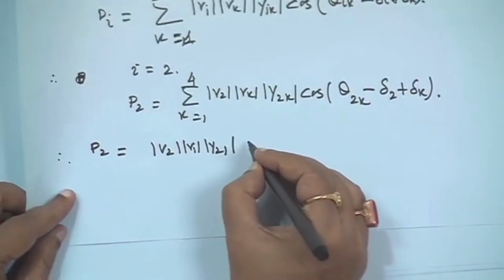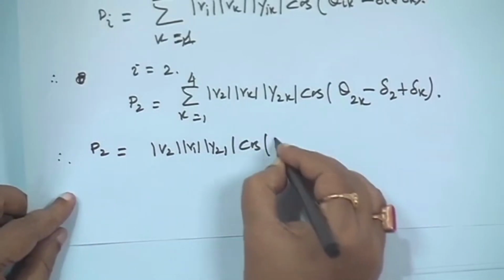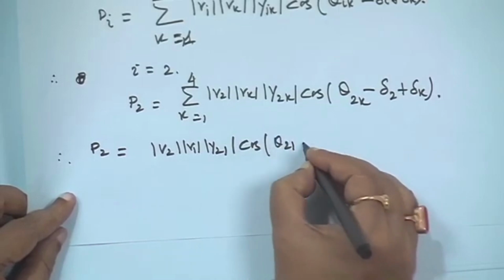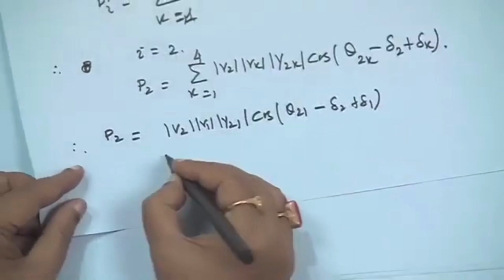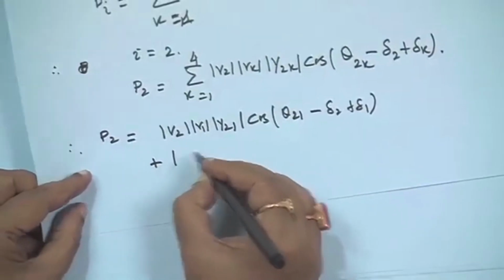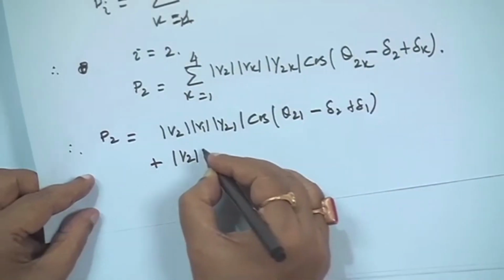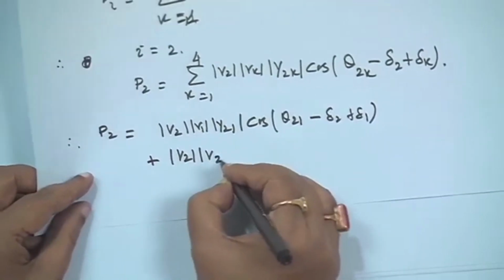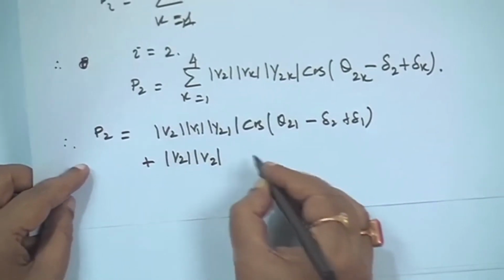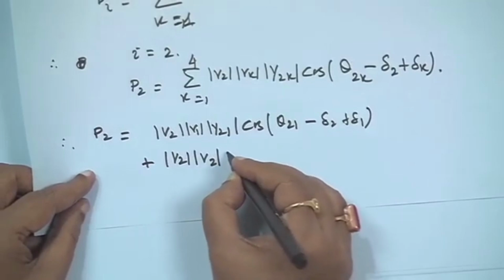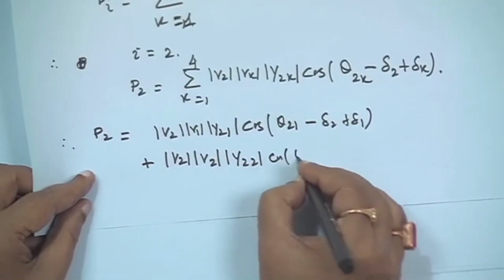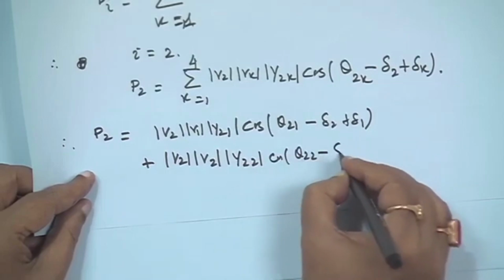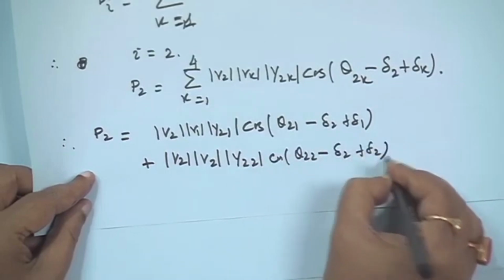Then cosine theta 21 minus delta 2 plus delta 1, then plus V2. Then k is equal to 2. So V2 into V2, V2 square, then y22 cosine theta 22 minus delta 2 plus delta 2.